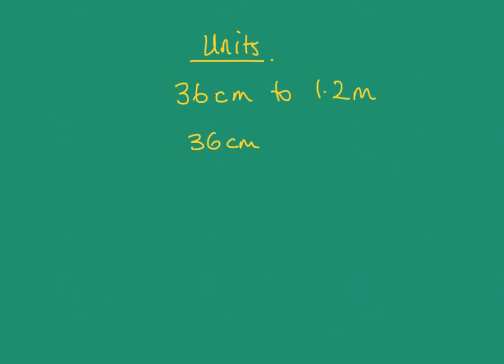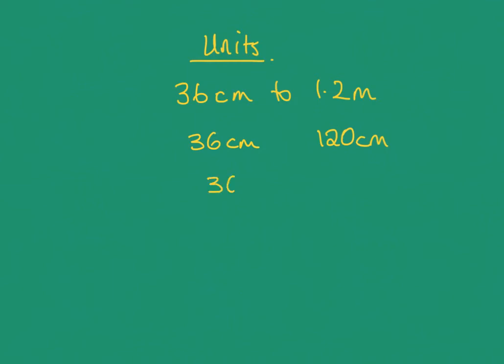Another one that is looking at the fact that you have to change units, I might want to compare 36 centimetres to 1.2 metres. And they're not in the same units, so I'm going to convert them both to 36 centimetres and 120 centimetres. Now I could have converted them both to metres, but I went for centimetres because it's just a little bit easier, but both would be correct.